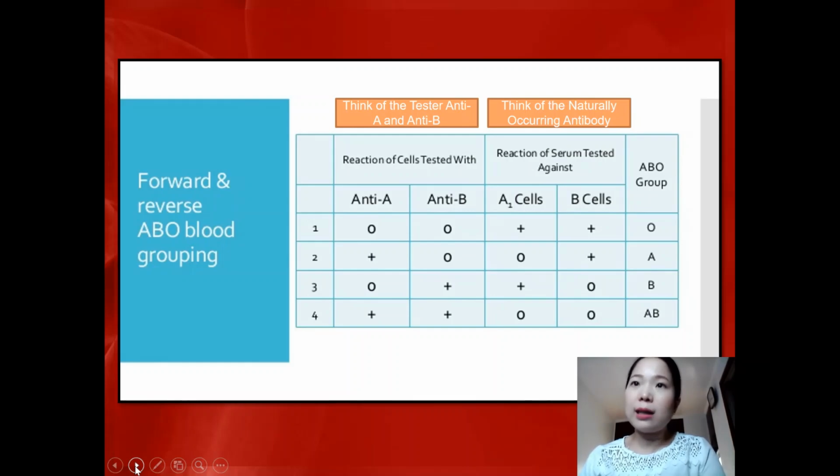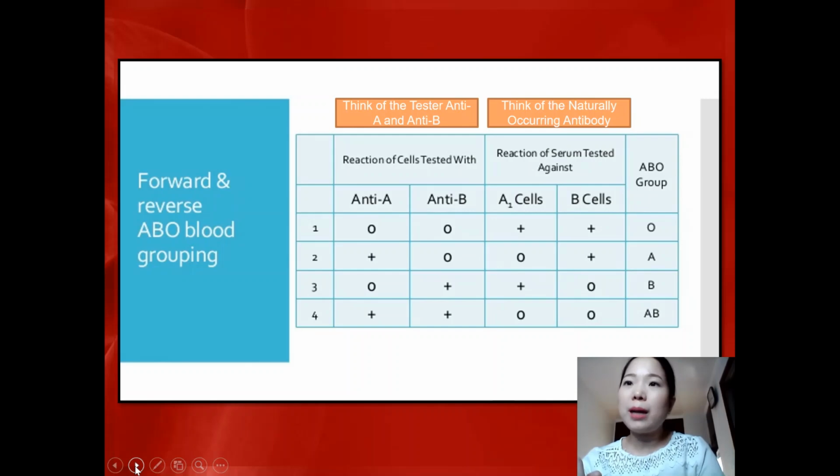And these are actually a known A RBC and a known B RBC. So again, if I place a known A RBC and it clotted, it means that this serum has an antibody A. And when I place an RBC of a B type and it clotted in the serum, it means that this serum has an antibody B.